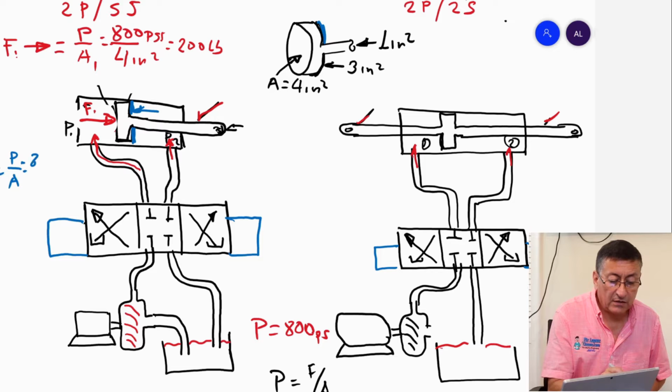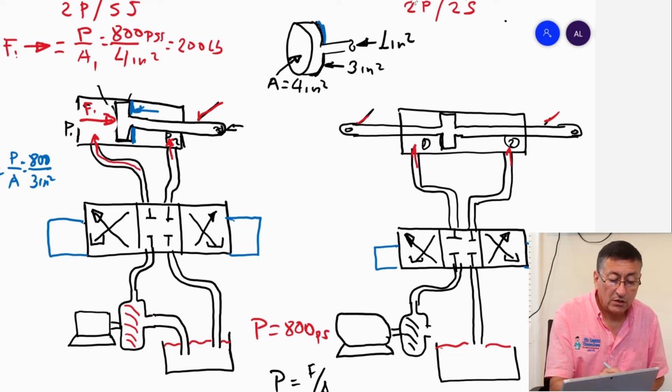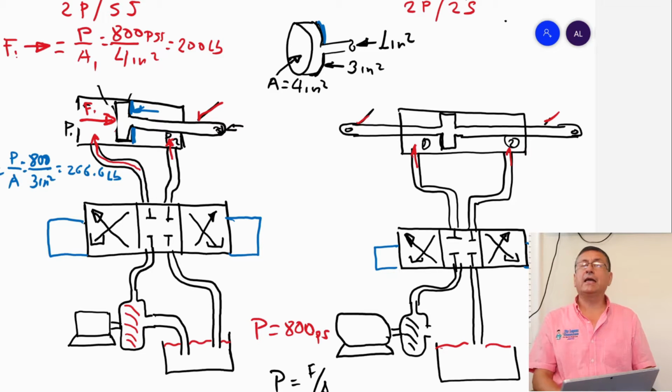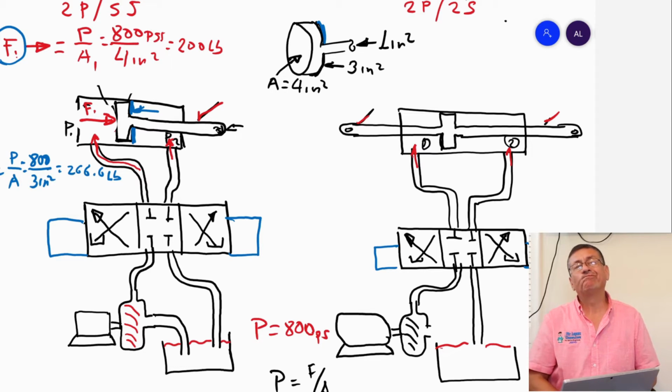It is 800 divided by 3 square inches. 800 divided by 3 is 266.6 pounds. The force in one direction, in the blue direction, is bigger than the force in the red direction.